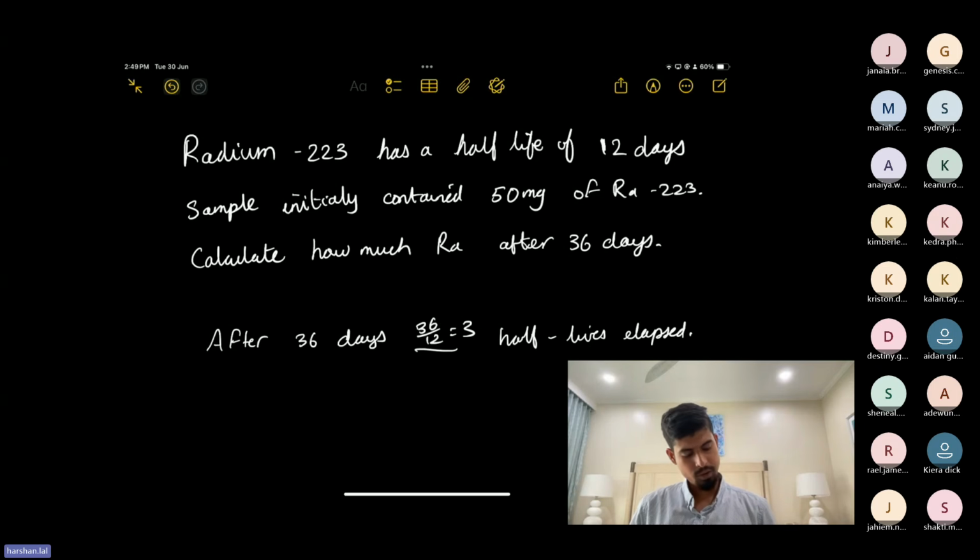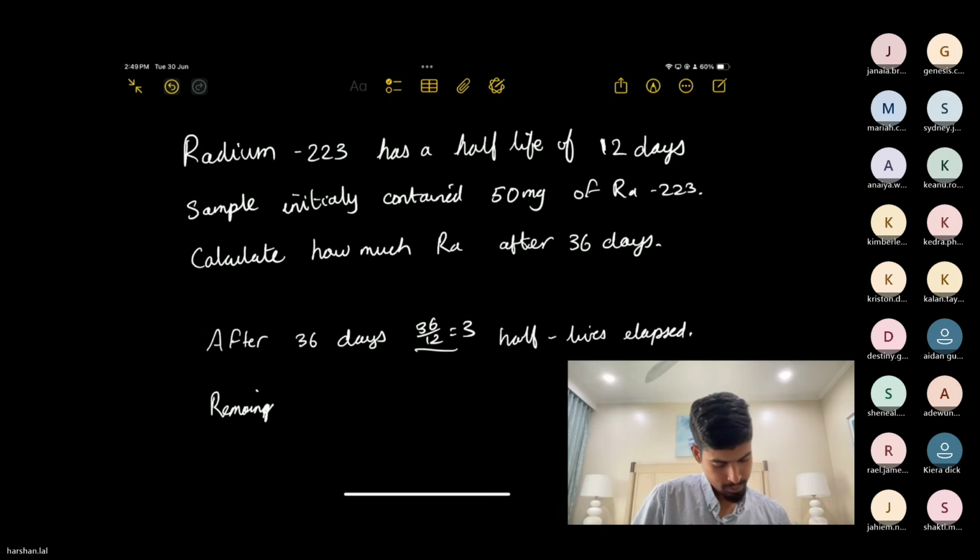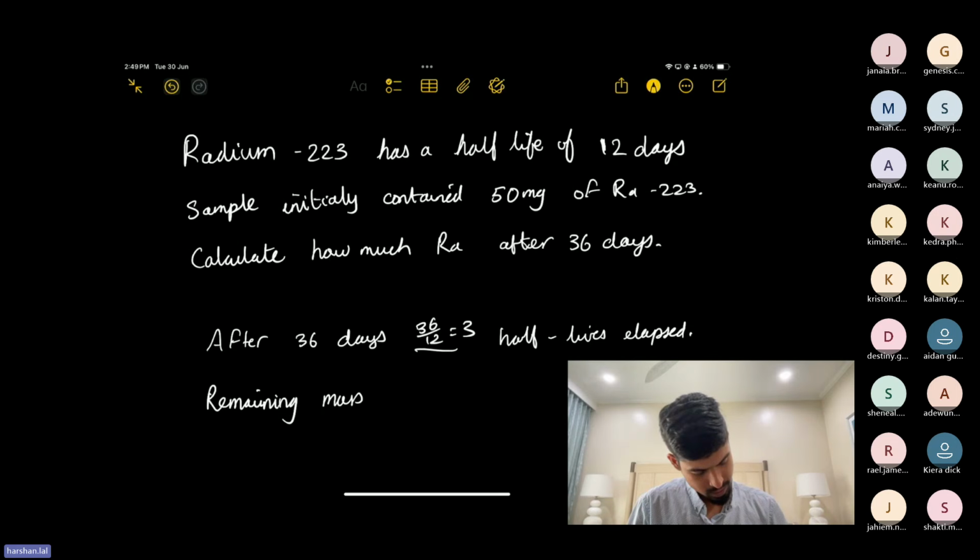So therefore, the remaining mass of radium-223 is equal to 50 times how much?